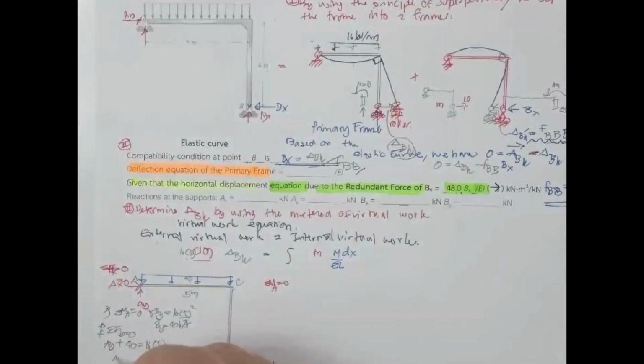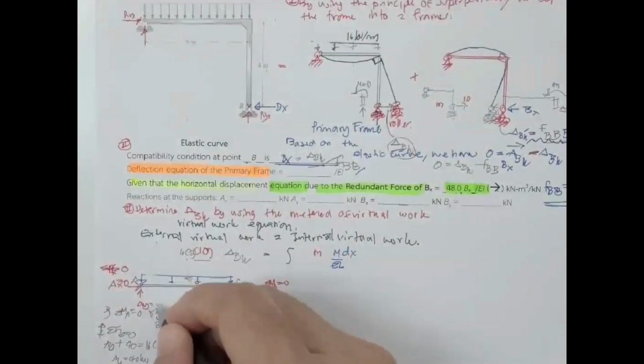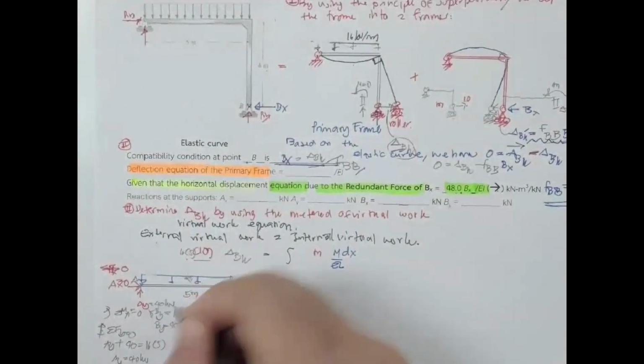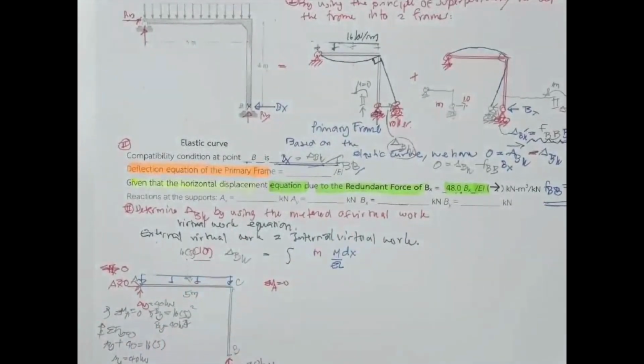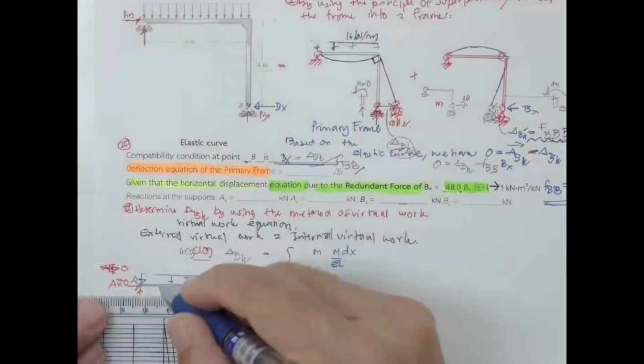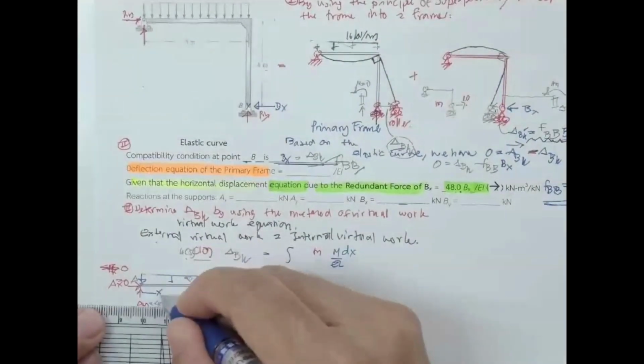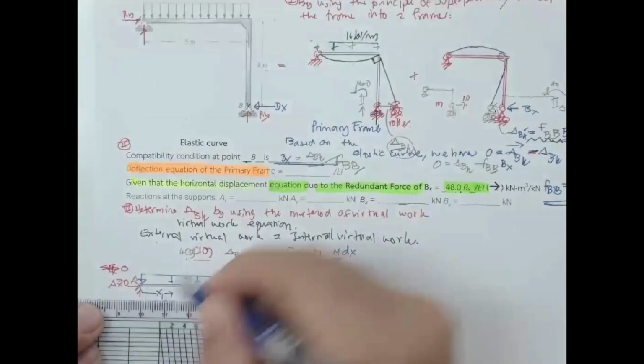So A sub Y is going to be 40 kilonewton. Now you have to set the coordinate for the calculation. It's up to you. For this one, let me put this one to be x1.